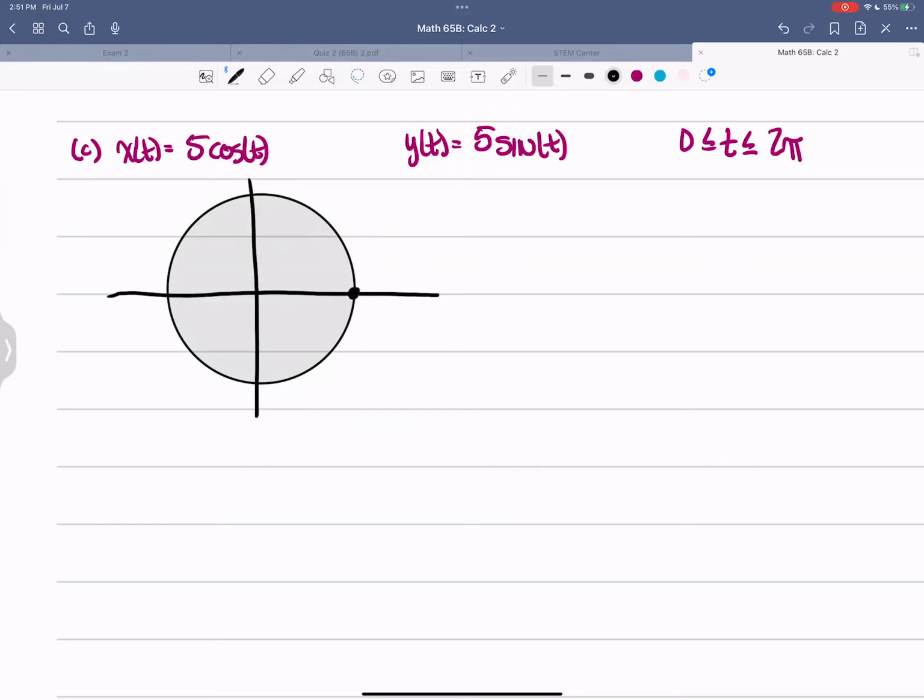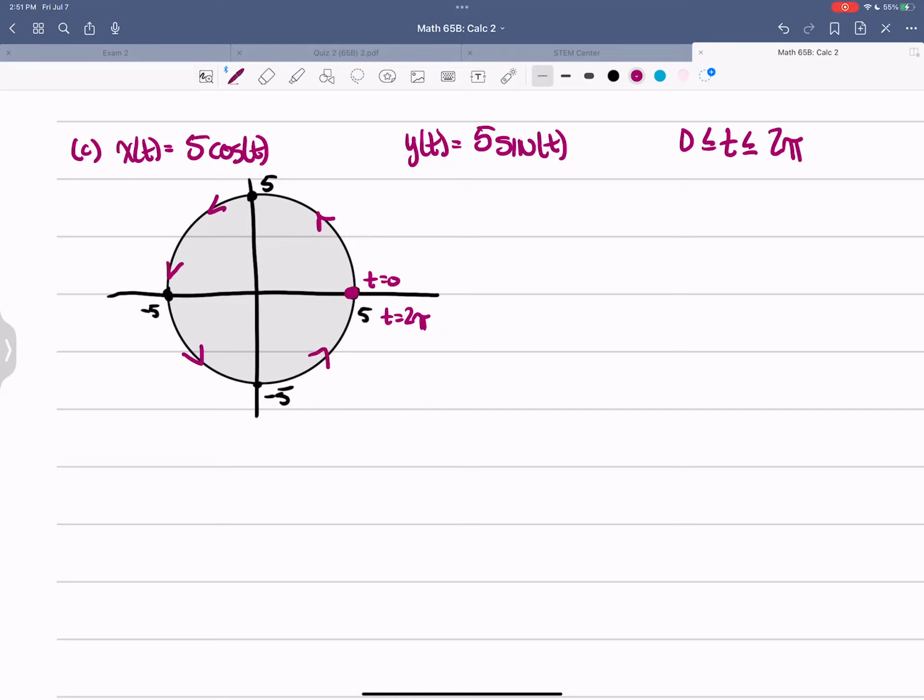I'm not sure what's going on there, but we have 5 here. It's going to be -5, +5, -5 here. At t equaling 0, we start off right here. And that's also t equals 2 pi. So that's those two. We know we go in this direction.